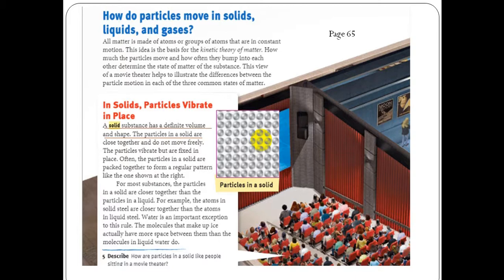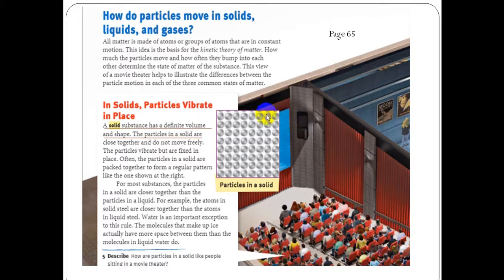Let's start with solid. What does solid mean? Solid is a substance that has definite volume and shape. For example, if you have a book on the shelf, the book will have the same volume and will not change its shape until you change it, okay? The particles in a solid are very close together, like here. When we look at this picture, we find that atoms are very close to each other.